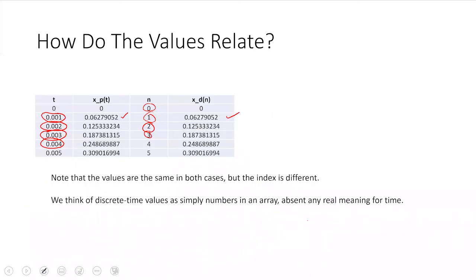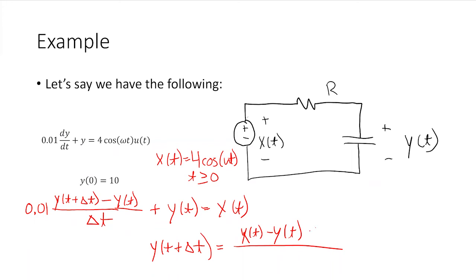What is it? Plus 0.01 divided by delta t times y of t all over 0.01 divided by delta t, like that. All right, so I get that result.